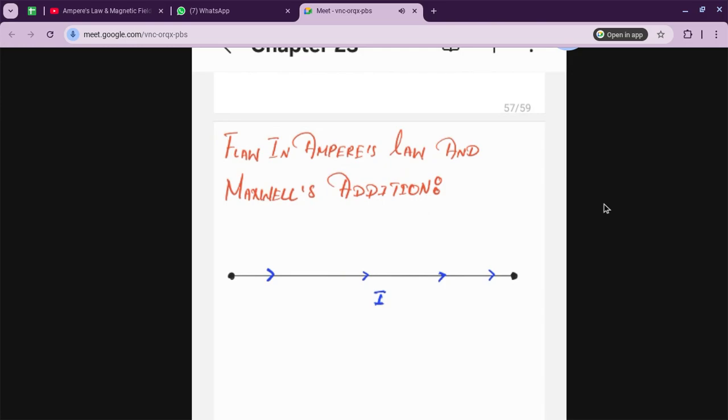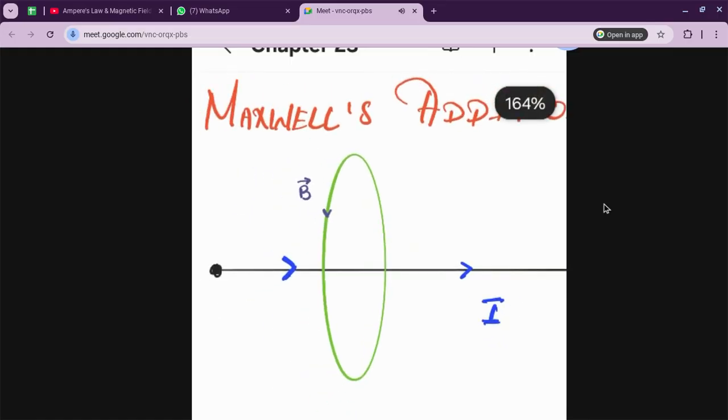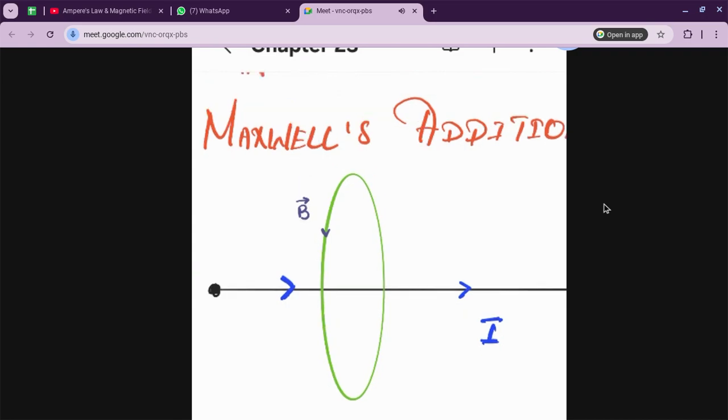You can find the magnetic field by placing Amperian loop over here. Now we know that magnetic field is evolving around it, in an anti-clockwise direction.